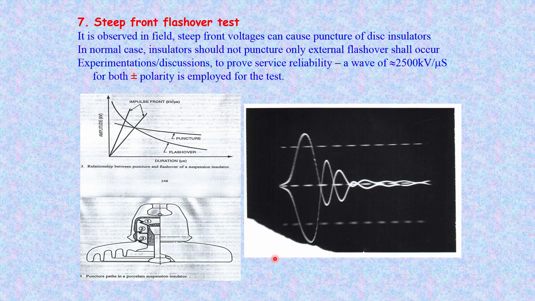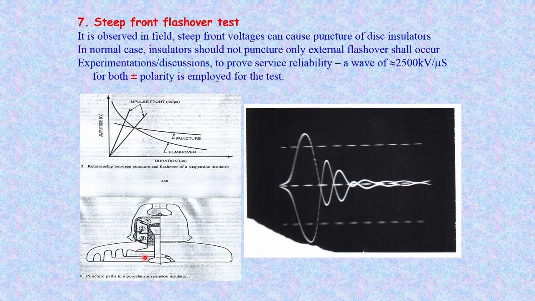So, this is the steep front flashover, again a very important reliability test which is carried out for extra high voltage or ultra high voltage transmission insulators. It is observed in the field that very steep fronted voltages could cause puncture on the disc, particularly on the ceramic.